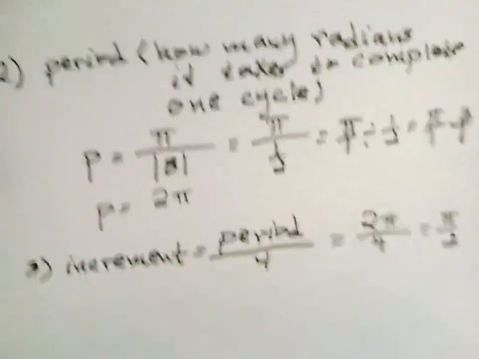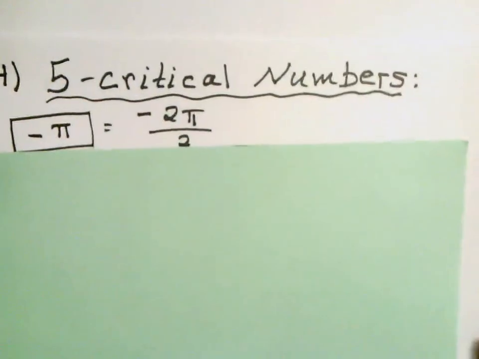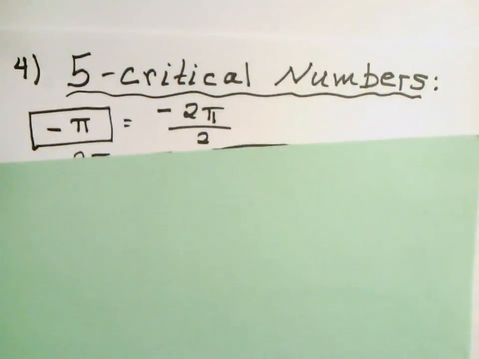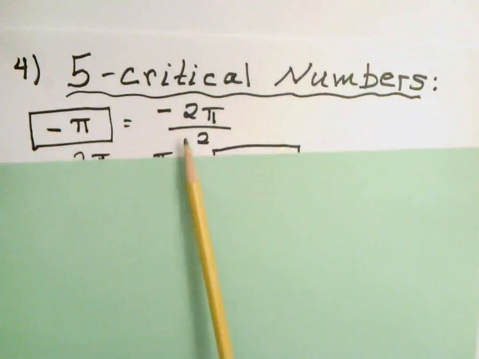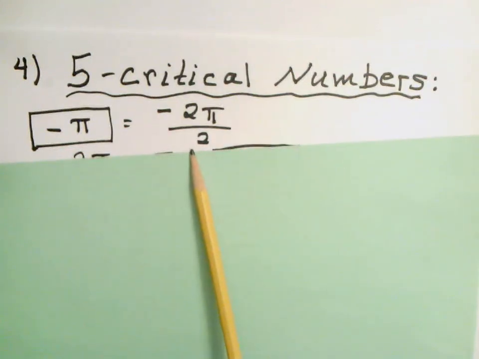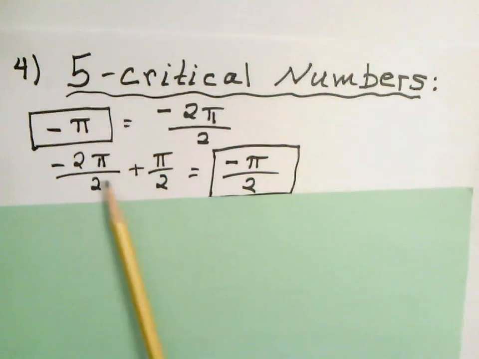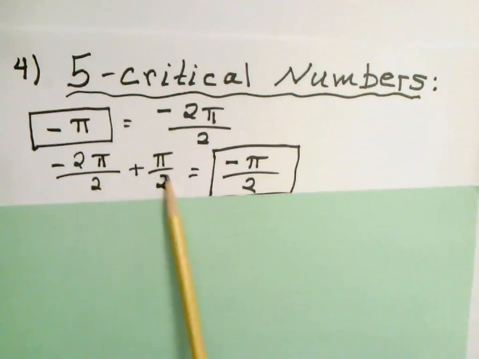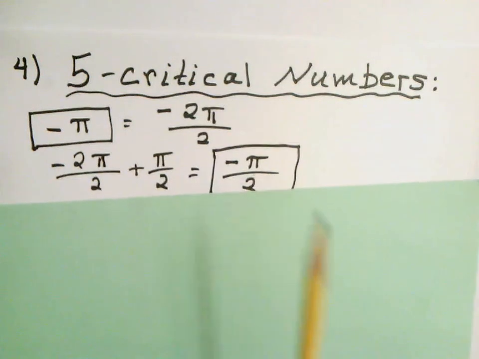Our 4th step is where we're going to find our critical numbers. And remember that from our inequality, our first critical number was negative pi. Now negative pi is the same thing as negative 2 pi over 2, and I changed it to halves because our increment was in halves. So we take the first critical number, we add our increment, we get negative pi over 2.